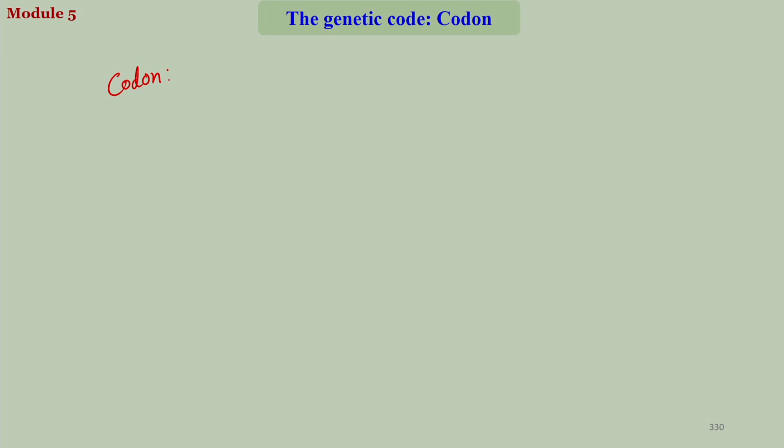So, what is a codon? The definition is a set of 3 RNA bases that is known as a codon. And what does it do?